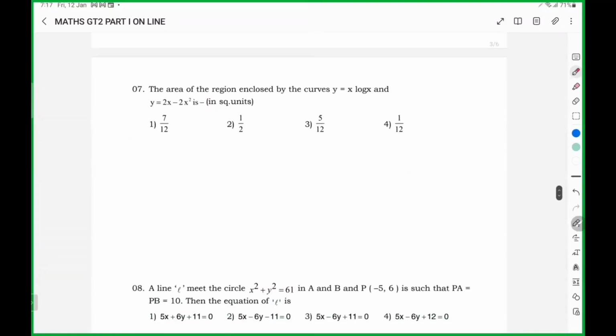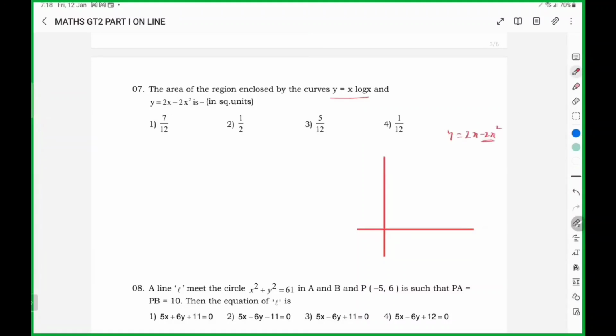So here the area of the region enclosed by the curves y equal to x log x. So here one curve is 2x minus 2x square.